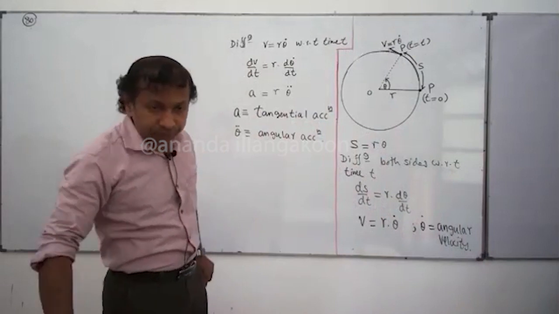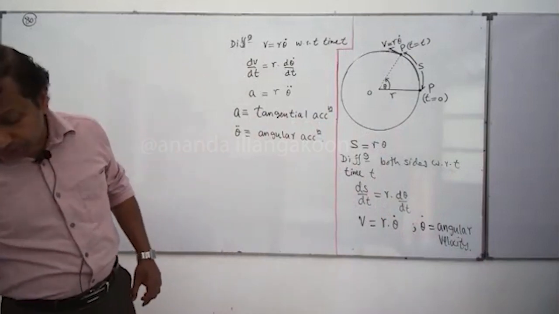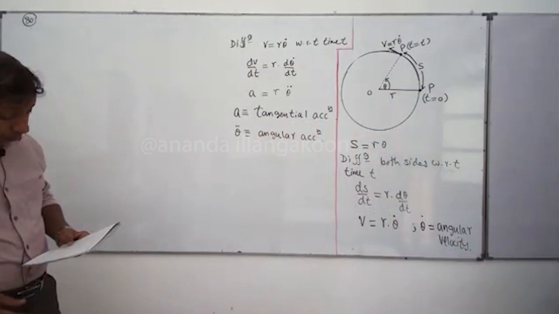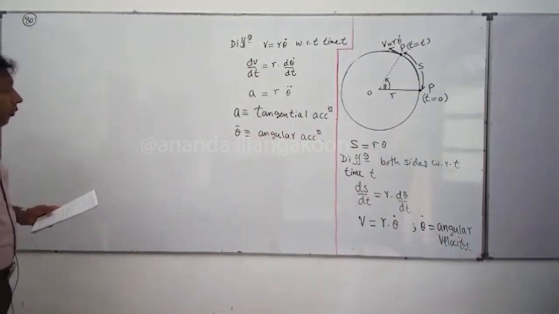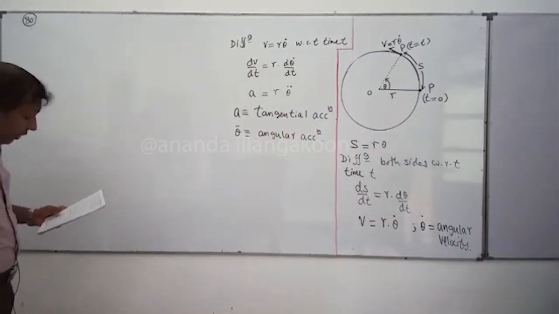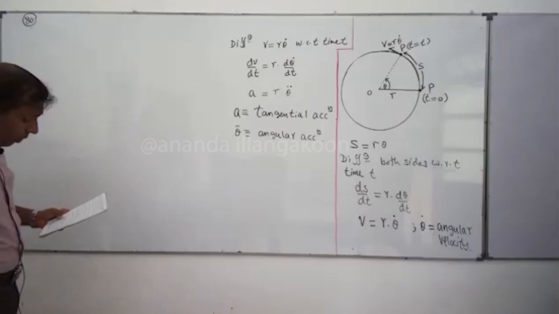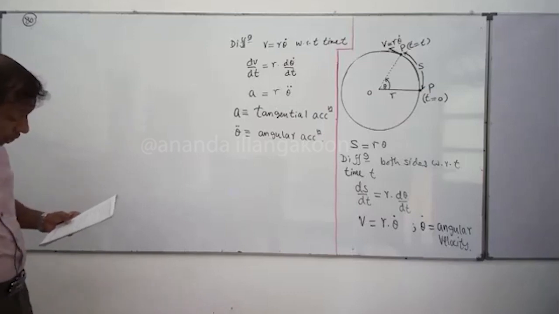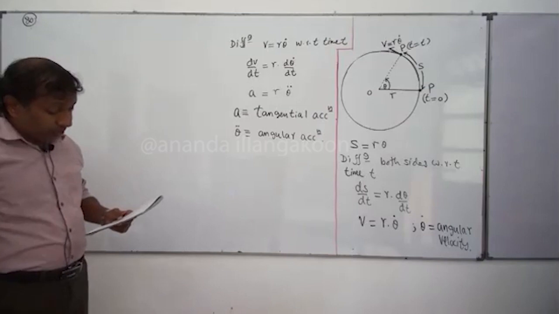Now we come to question number 80. It says a narrow smooth tube ABCD is bent into the form indicated in the figure below. The portion AB of the tube is straight.